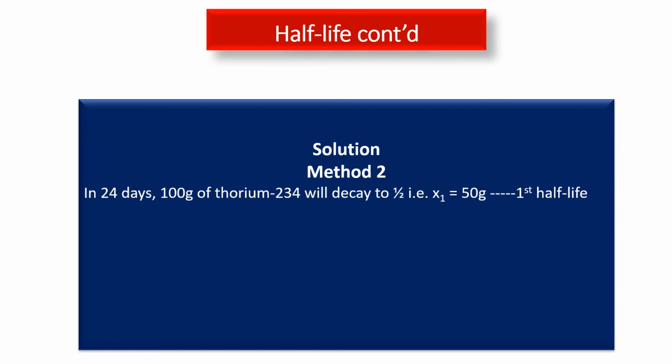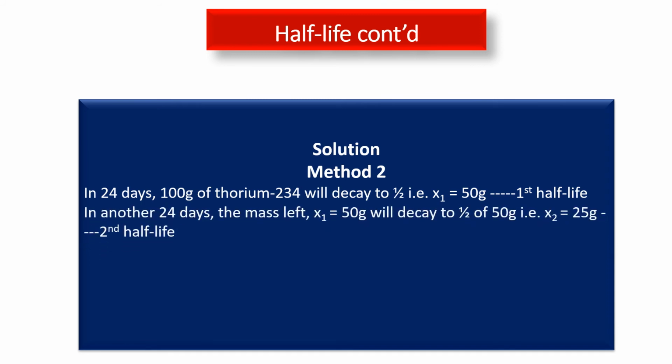So in 24 days, 100 grams of thorium will decay by its half. Don't forget, half of 100 is 50. That is the first decay, which we can refer to as first half-life. In another 24 days, the mass that is left after the first decay, which is 50, will also decay to its half.